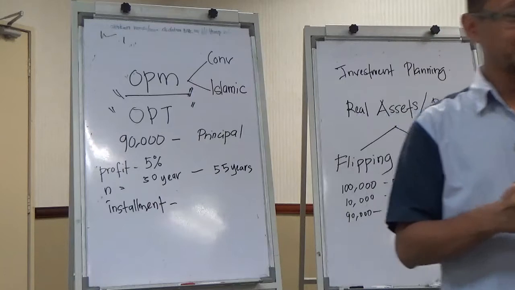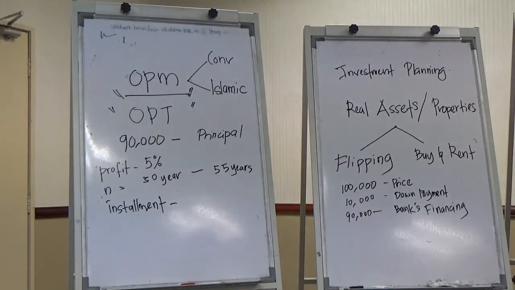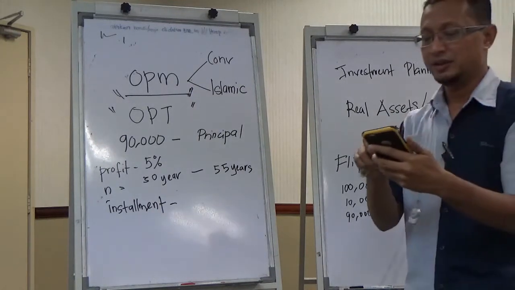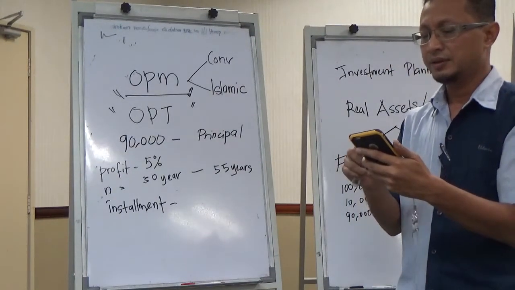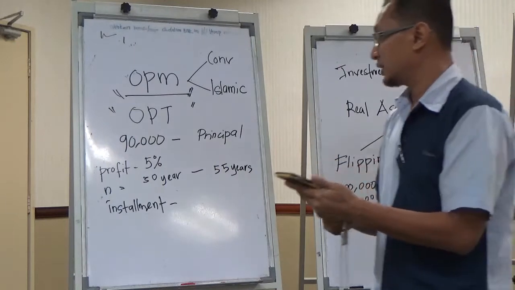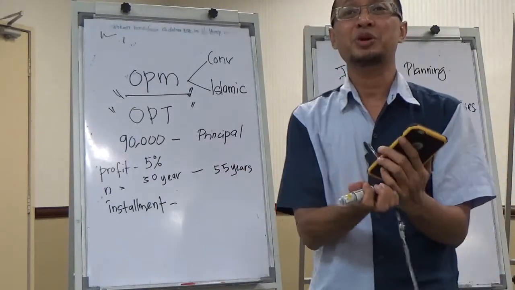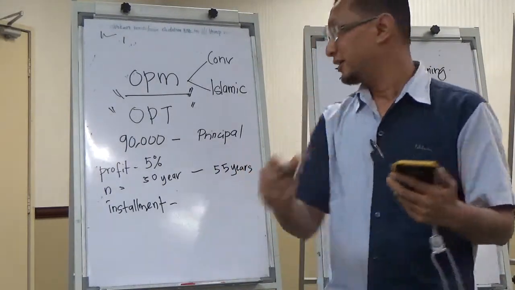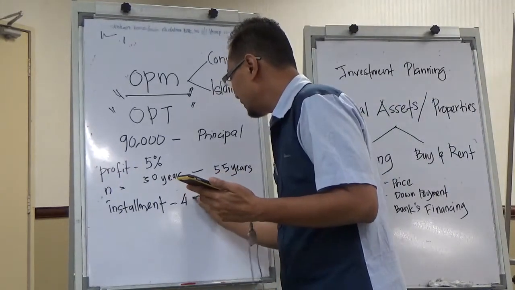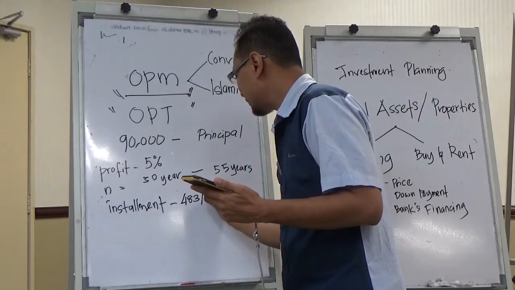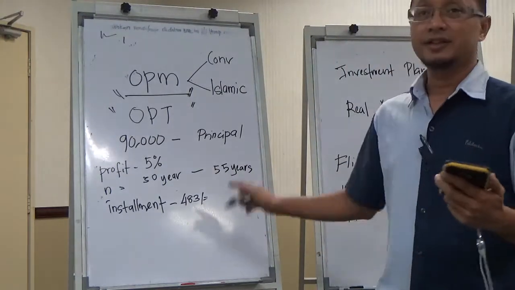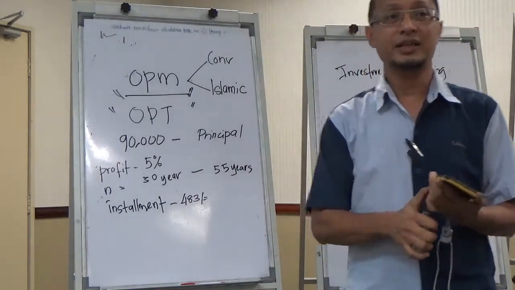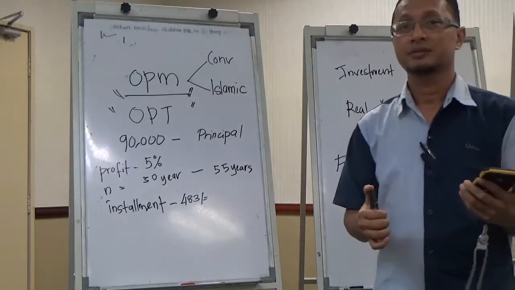Are we sure about that? So I have my calculator here. Okay, I get 483 ringgit.